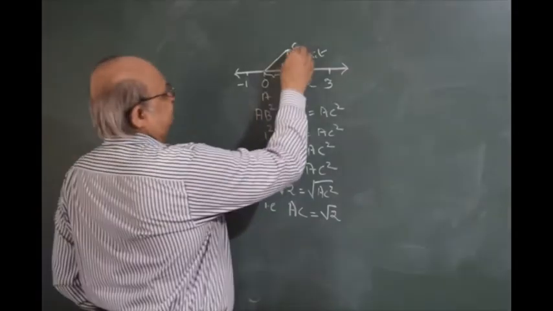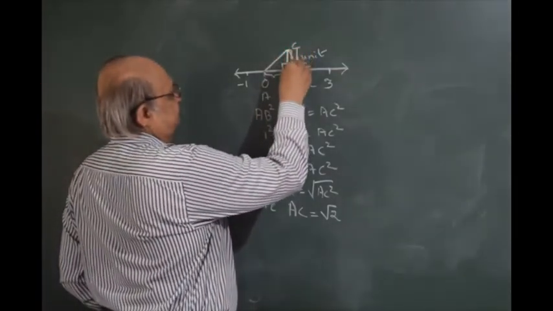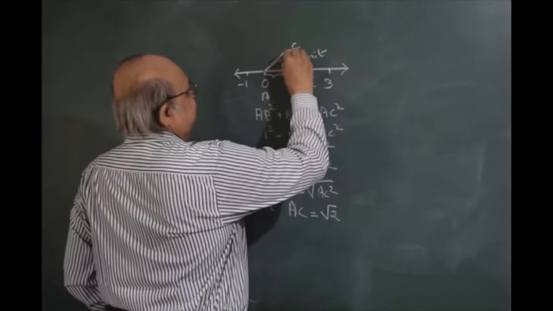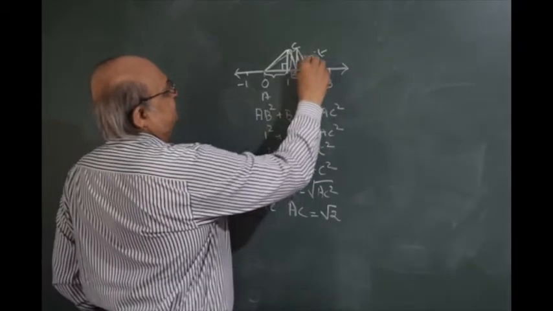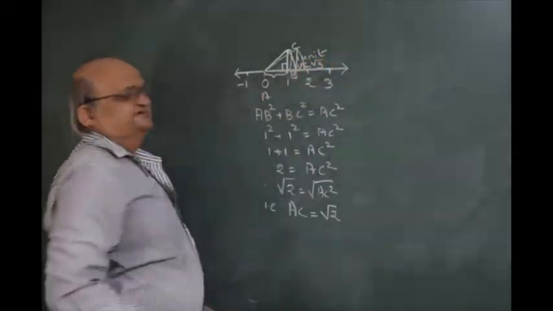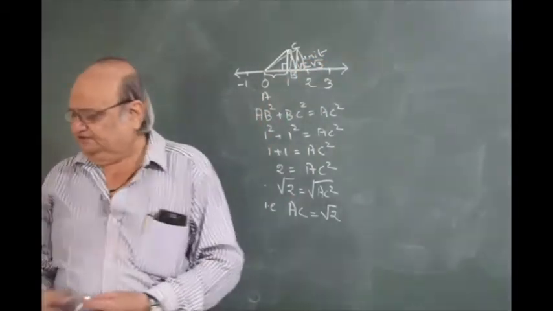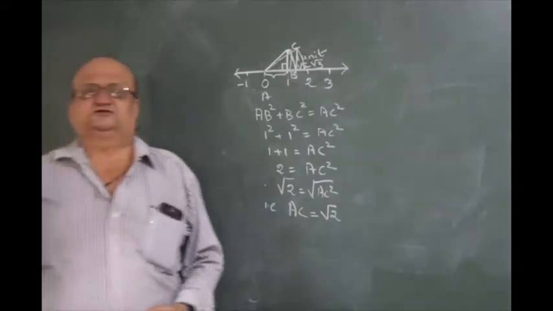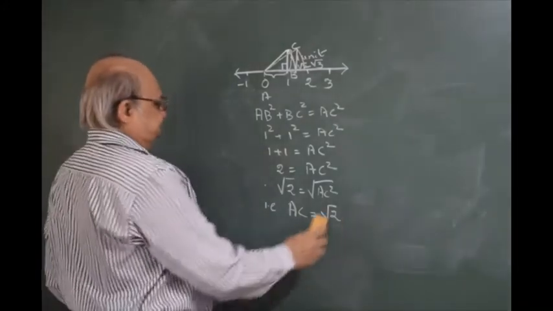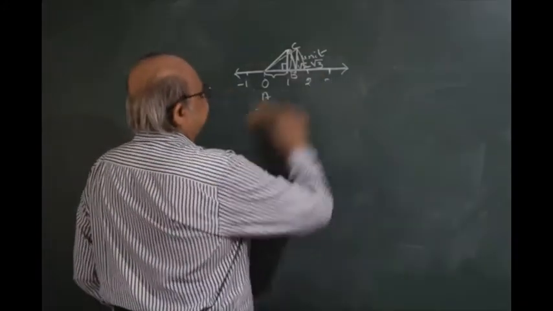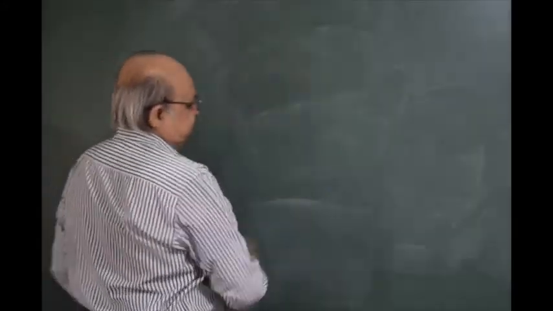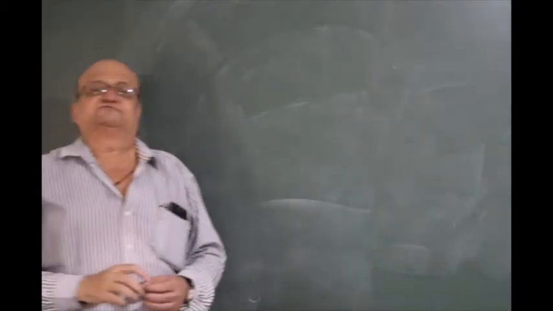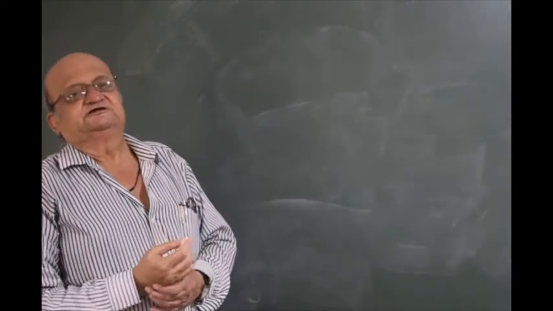Same way, draw one more unit, connect this, and when you drop it here, you will get root 3, and so on. This may not be much useful to you, however, to draw a line segment of the size will be very important.